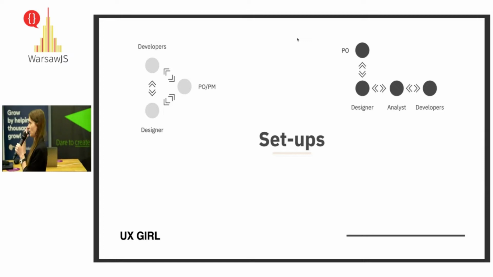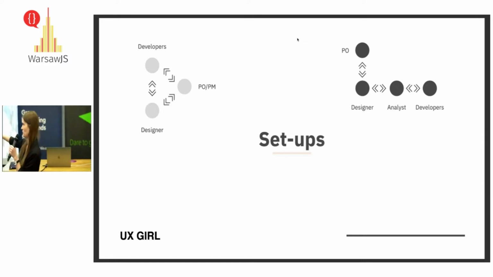Then we can have a product owner that communicates with a designer. We have, of course, developers that communicate with the analysts, and basically the designer provides some designs that are accepted by the PO in terms of the business side, but then also written up by the analysts, and the analysts push the information back to the developers.